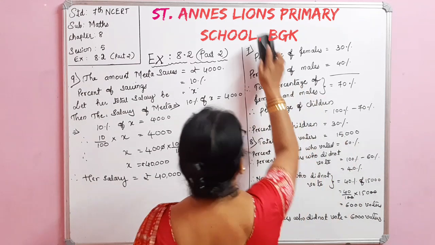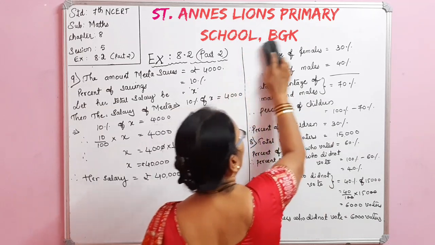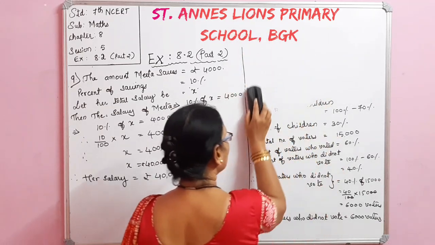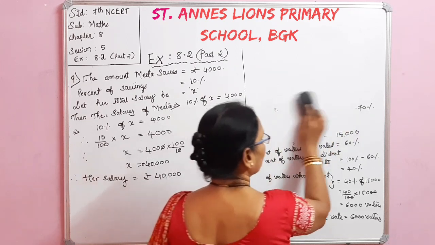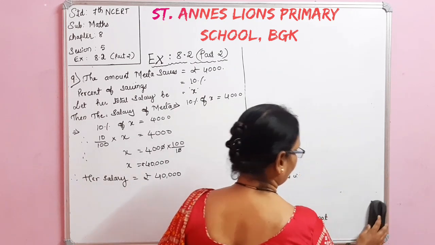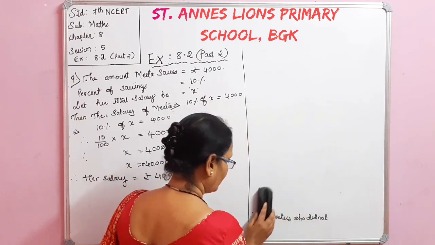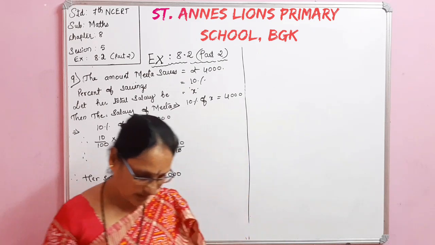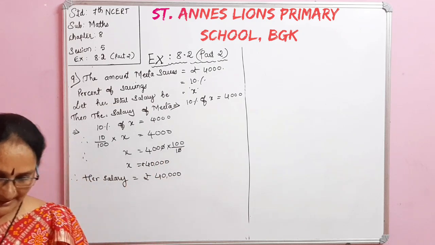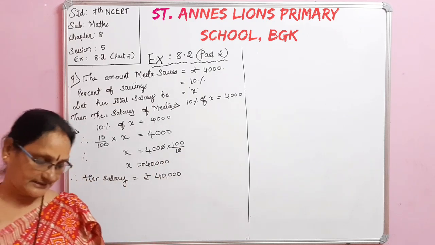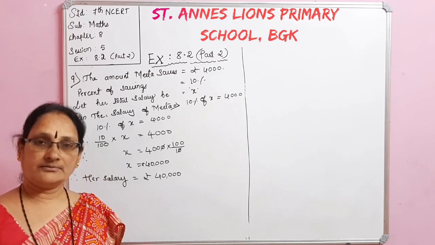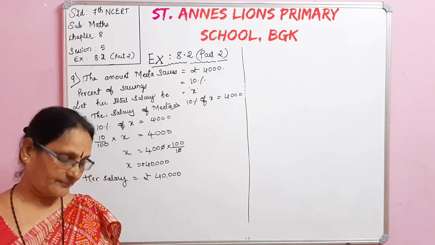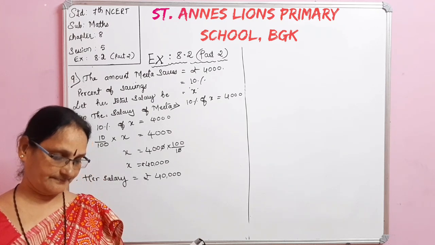Now the 10th and last problem of this exercise is, please go through the problem from your textbook. What is the 10th problem? We'll see. A local cricket team played 20 matches in one season. They played 20 matches.